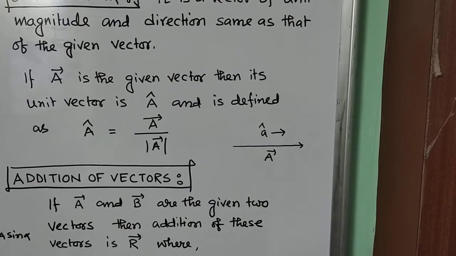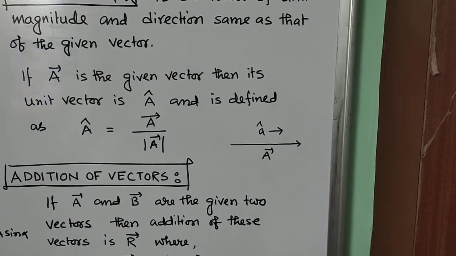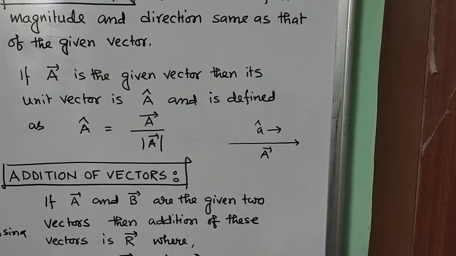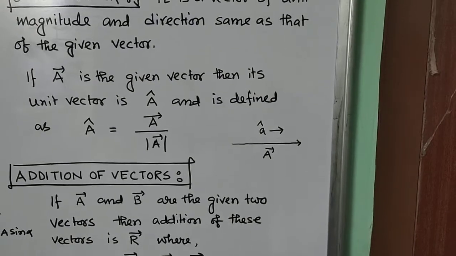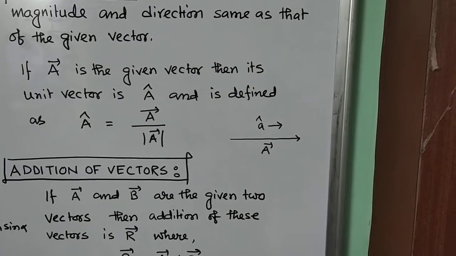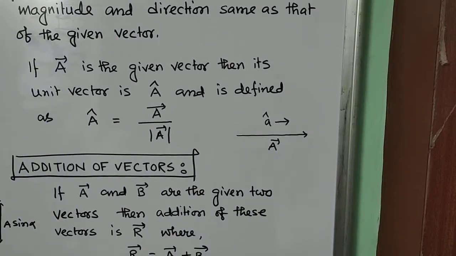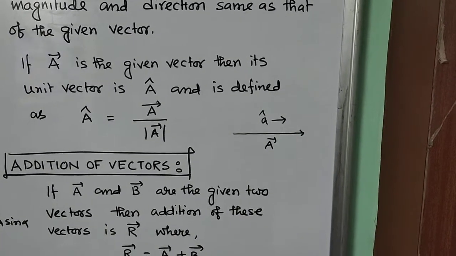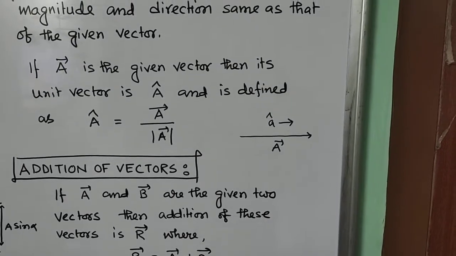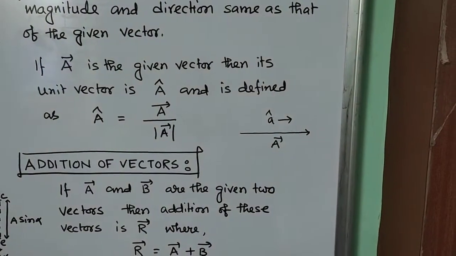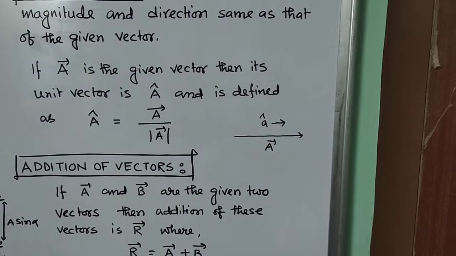So you see, if you try to explain the expression physically, the numerator is your vector A, so it has both magnitude and direction, and the denominator is the modulus of A, so it has only magnitude. So if you cancel out magnitude, only direction survives. So a unit vector basically defines direction.